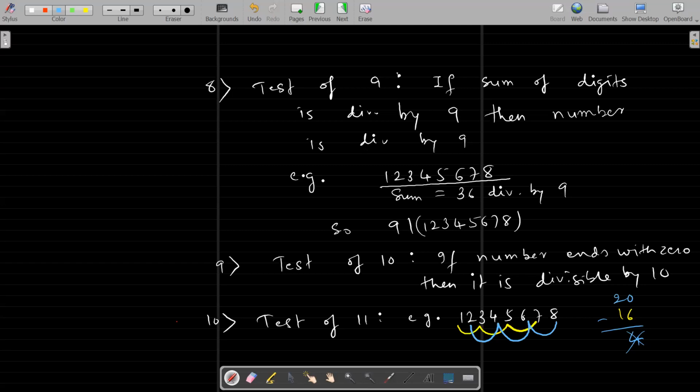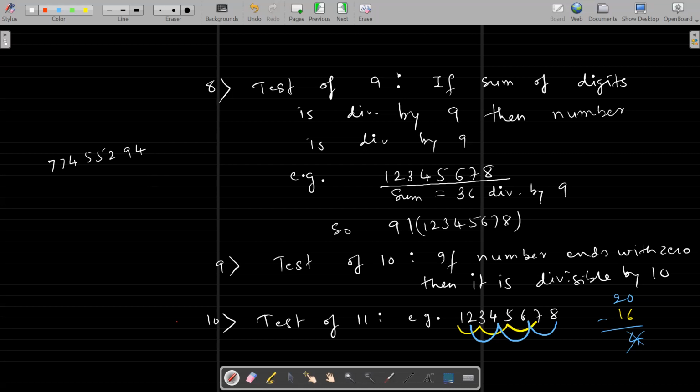Yes, sir, we can divide that 9-digit number into 3 parts, each of 3 digits. Like if I take the number 774,455,294, then we will divide it into 3 parts.